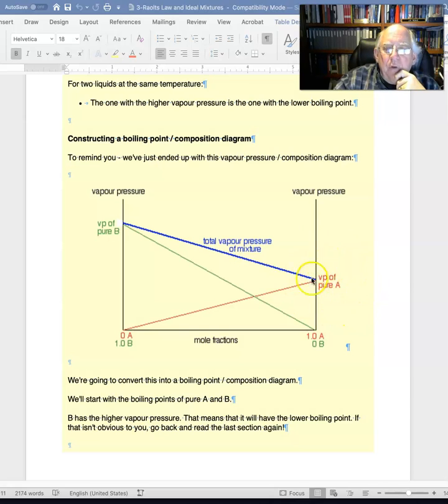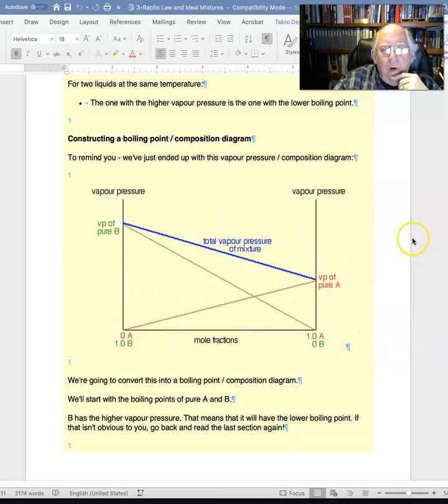Likewise, a low vapor pressure of A corresponds to a less volatile substance with a higher boiling point, because vapor pressure and boiling point are inversely related to each other.